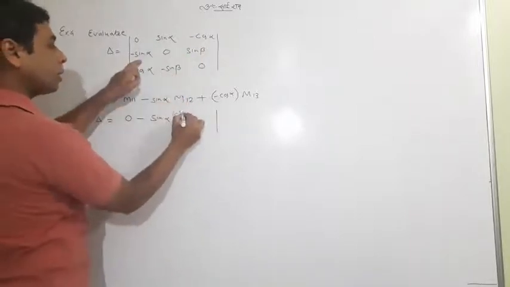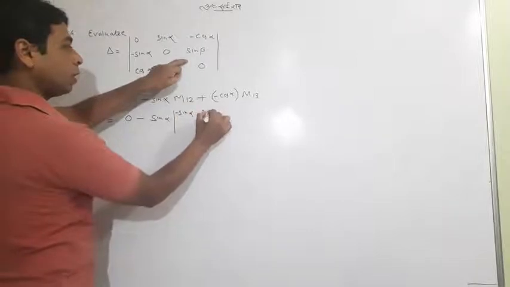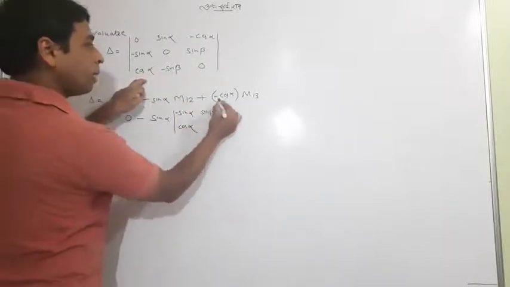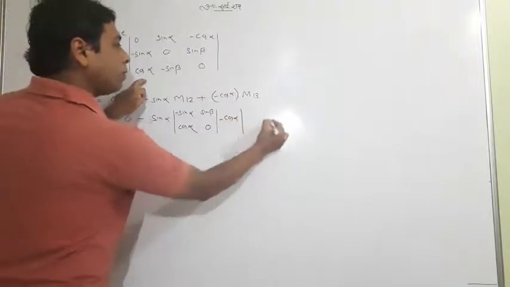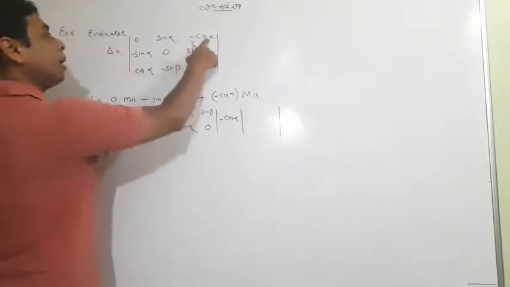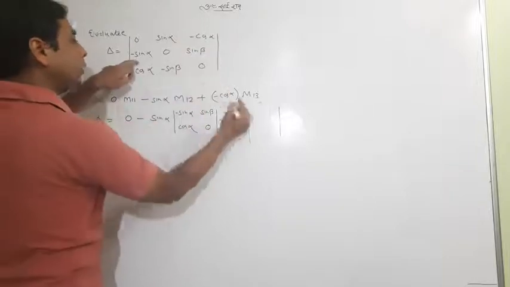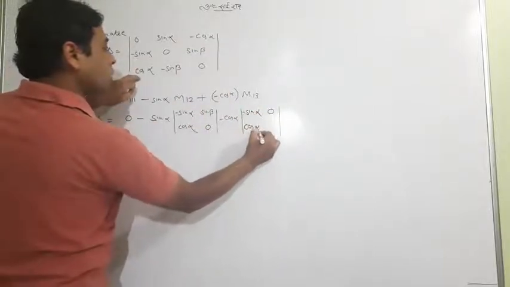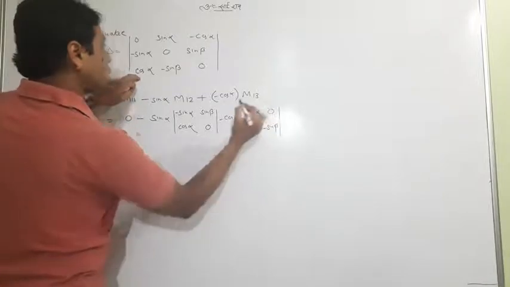So minus sin alpha times the determinant sin beta, cos alpha, and 0, and plus minus cos alpha. And what about M13? Again the minor of that element, these two will eliminate: minus sin alpha, 0, cos alpha and minus sin beta.